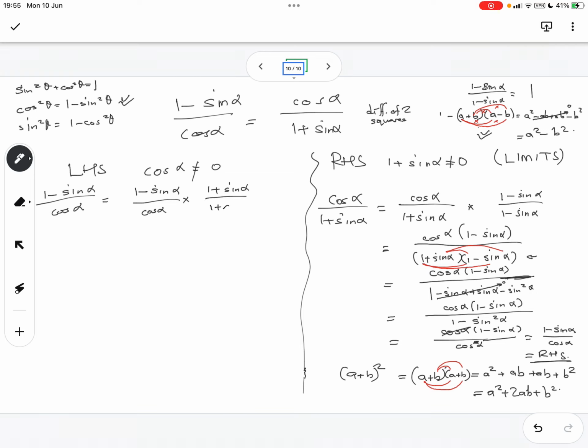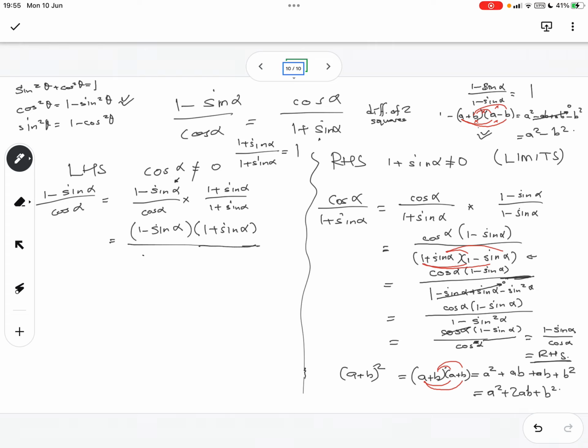We can also go the other side. We've got 1 minus sine alpha over cos alpha, and we can multiply by 1 plus sine alpha over 1 plus sine alpha. Again, 1 plus sine alpha over 1 plus sine alpha equals 1.